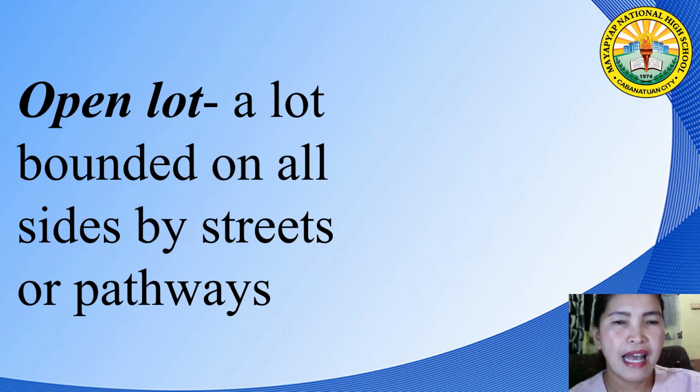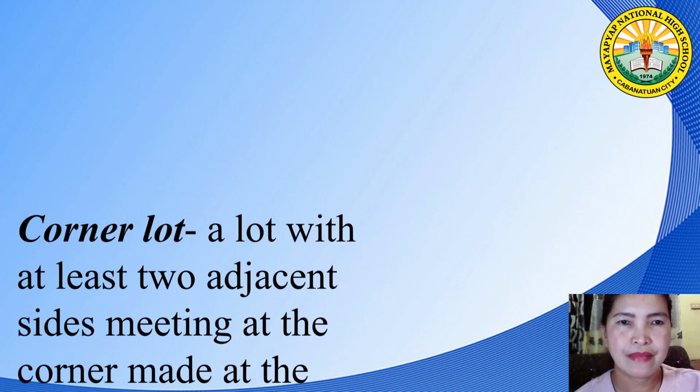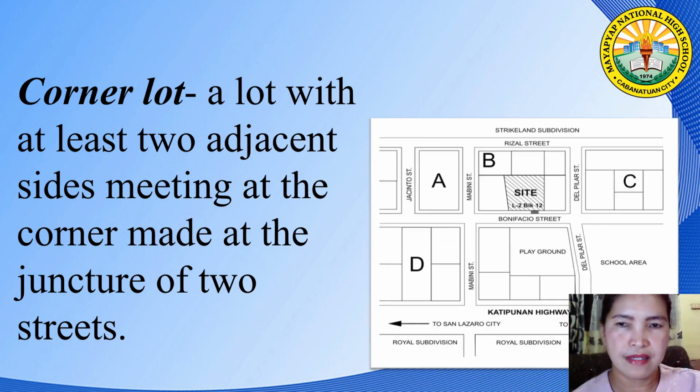Open lot, a lot bounded on all sides by streets or pathways. Corner lot, a lot with at least two adjacent sides meeting at the corner, made at the juncture of two streets.